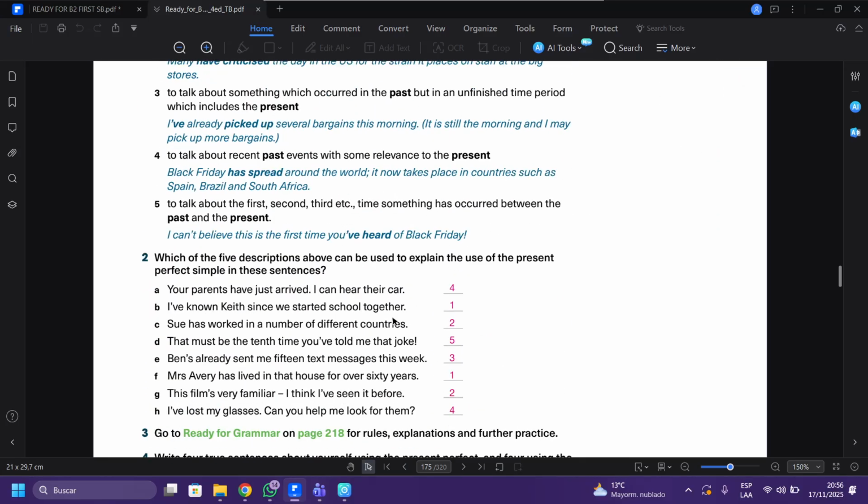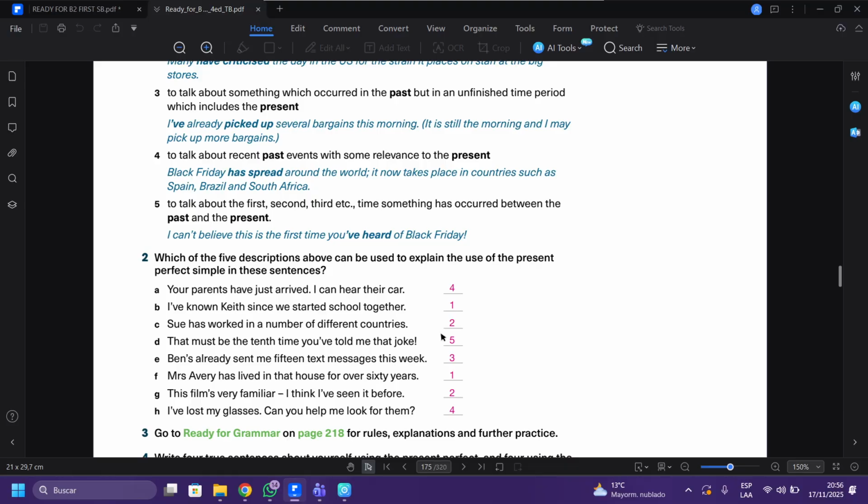Letter A was number 4. Yes, 4, because it says that it's a recent past event with some relevance to the present. Letter B was number 1. Yes, number 1 was letter B. Letter C, number 2.